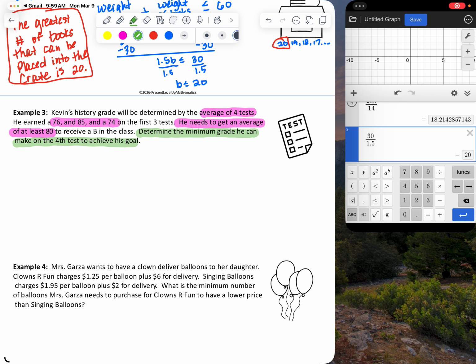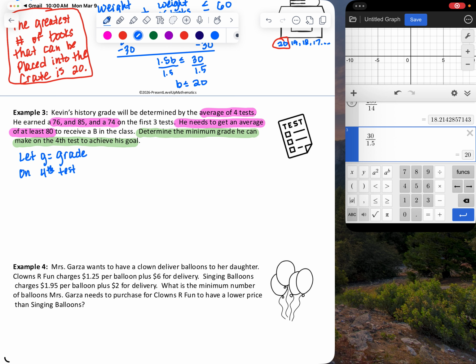So that's our unknown. So that's how we assign our variable, by identifying our unknown. So I'm going to let G equal his grade on the 4th test. Okay, that's our unknown. All right, now remember, when we're finding an average of anything, we add those things up, no matter how many you have.